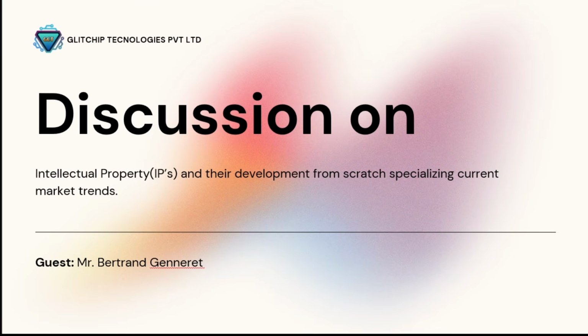Another concept is that your IP may be fully analog, such as a phase lock loop, PLL, or low noise amplifier. It can be fully digital, such as a CPU or DSP, or it can be mixed signal, such as an analog to digital converter or SERDES. Generally, the analog, digital and mixed signal logic cores are provided to chip makers in transistor layout format, GDS2.